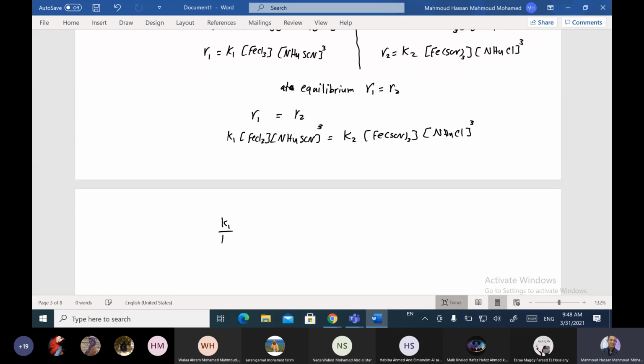K1 divided by K2 equals Kc, the equilibrium constant, equal to the concentrations of the product divided by the concentration of the reactant.